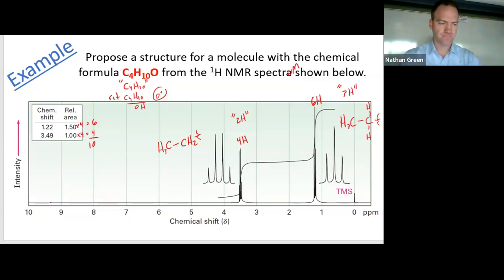Which one of these signals, my CH3 or my CH2, is more deshielded? The CH2 is more deshielded because it shows up farther to the left, further downfield. So what is likely here?